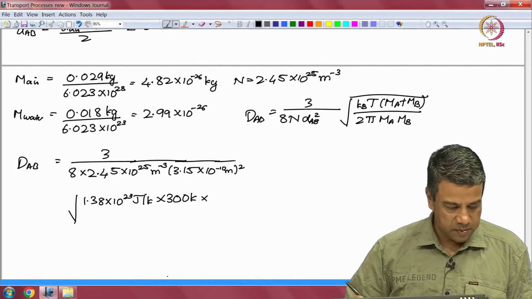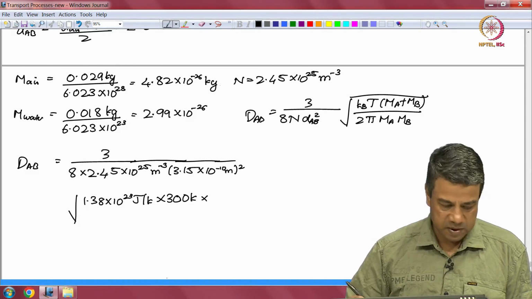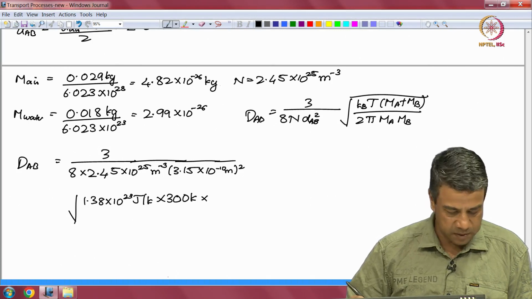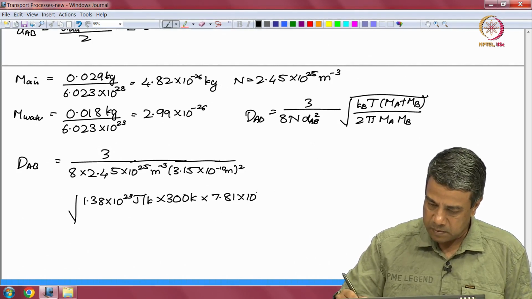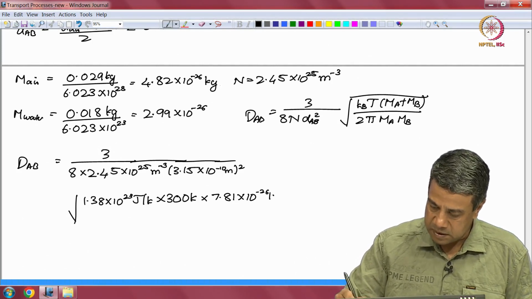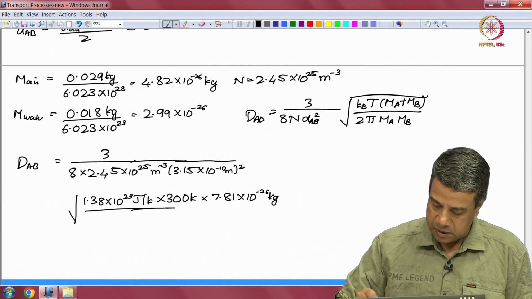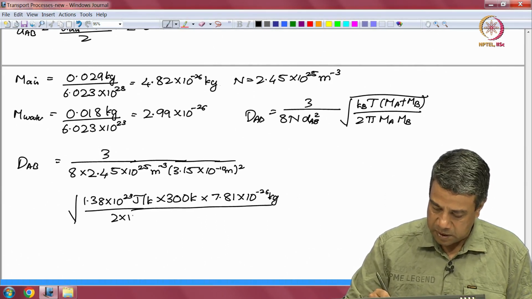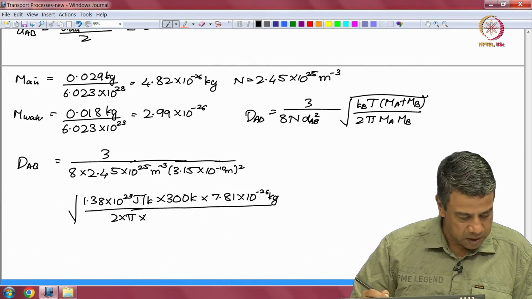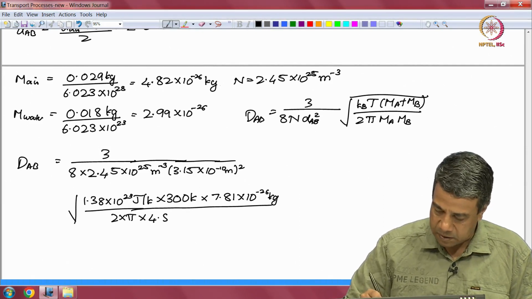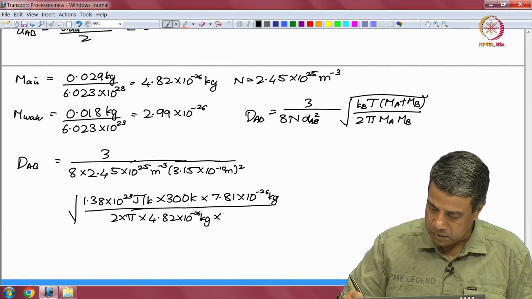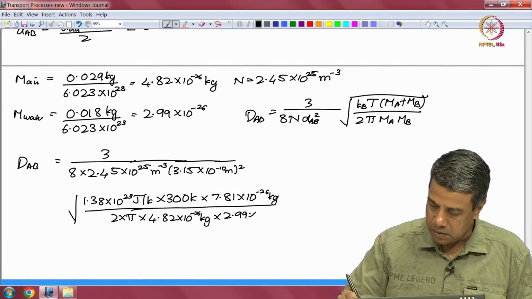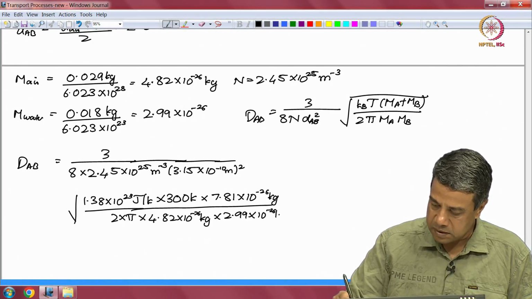Ma plus Mb, the sum of the molecular masses, if you calculate it, will turn out to be equal to 7.81 into 10 power minus 26 kg, by 2 into pi into Ma into Mb, that is 4.82 into 10 power minus 26 kg into 2.99 into 10 power minus 26 kg.